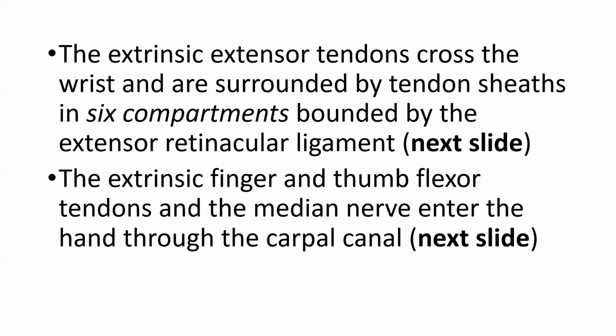The extrinsic extensor tendons cross the wrist, as I mentioned, in 6 compartments bounded by the extensor retinacular ligament. The extrinsic finger and thumb flexor tendons and the median nerve enter the hand through the carpal canal.